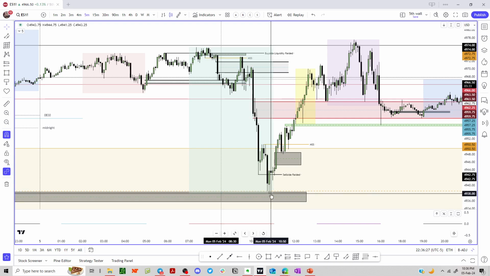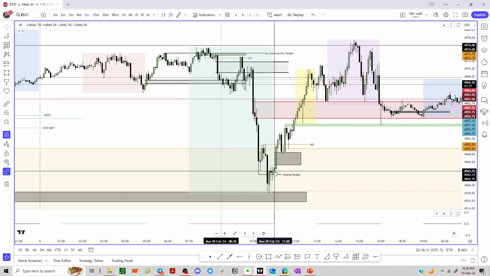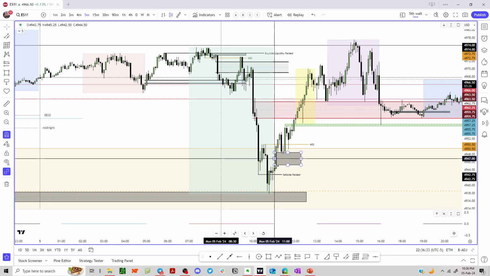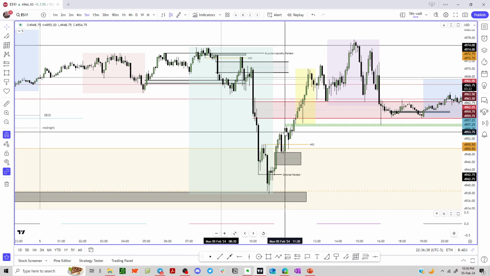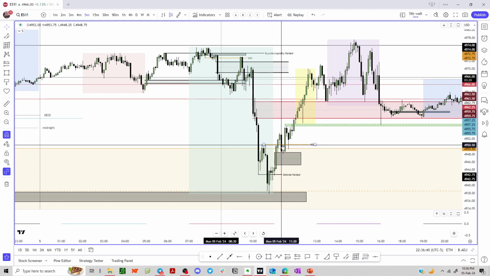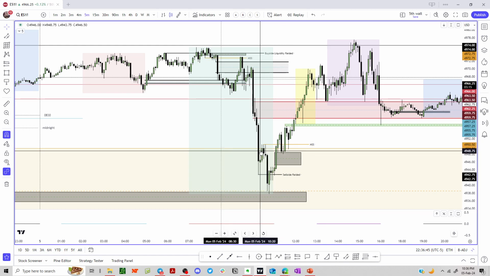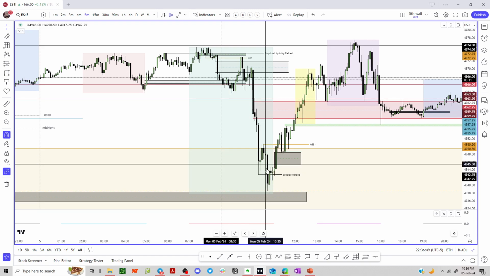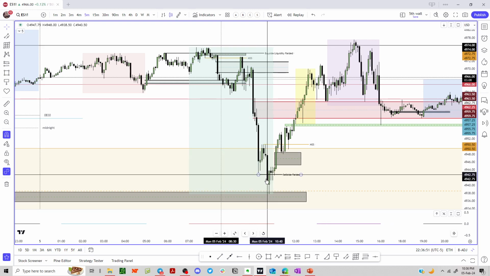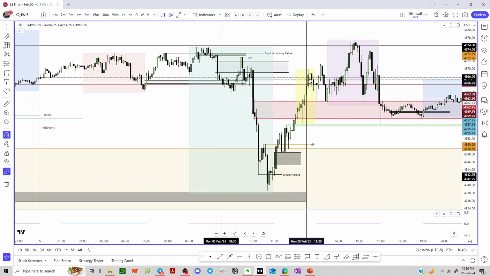But this is your entry here. Got an entry technically here. Retrace into this gap, that's another entry. And you got another fair value gap here, that's another entry, if you trust it, holding above this bullish breaker here. And yeah, so good money.